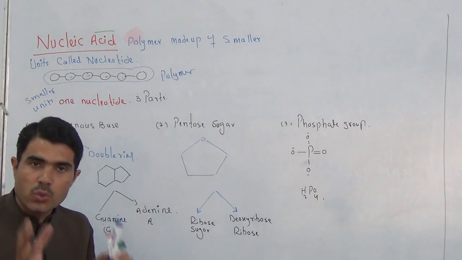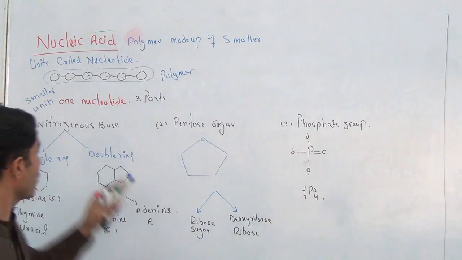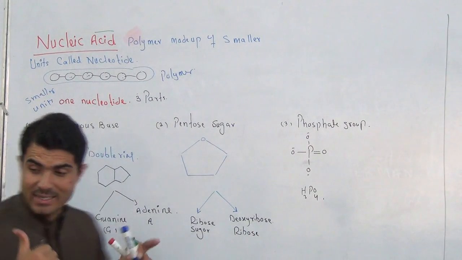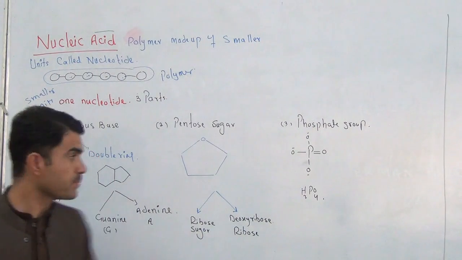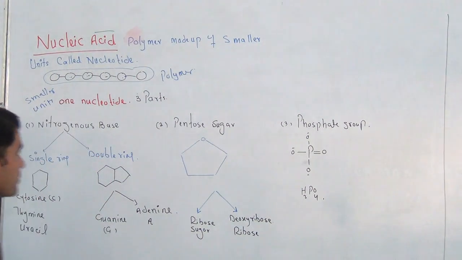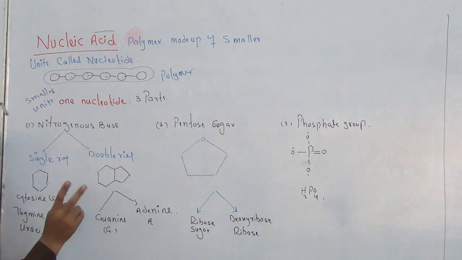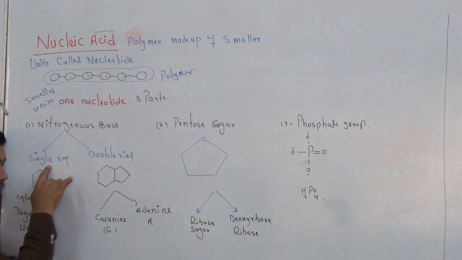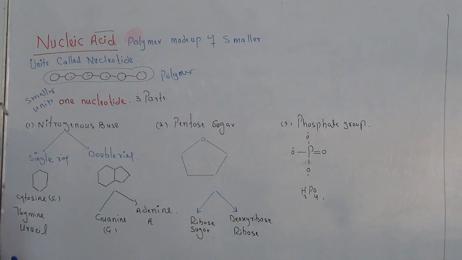You will be given the complete structure of the nitrogenous base just on my right side. You will have to wait for this. First, simple. A nitrogenous base is of two types. One is single ring and the other is double ring. A single ring is called pyrimidine.